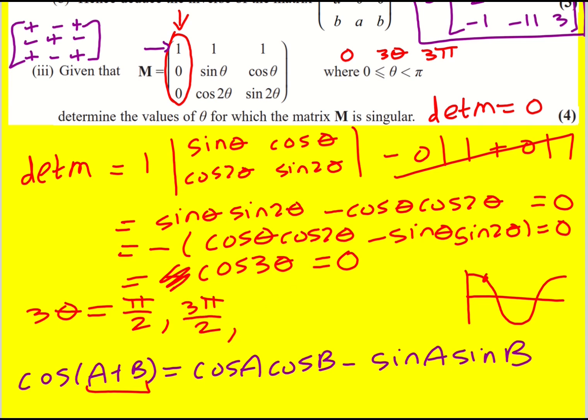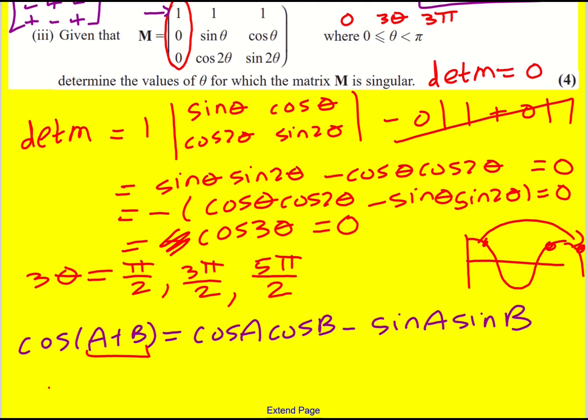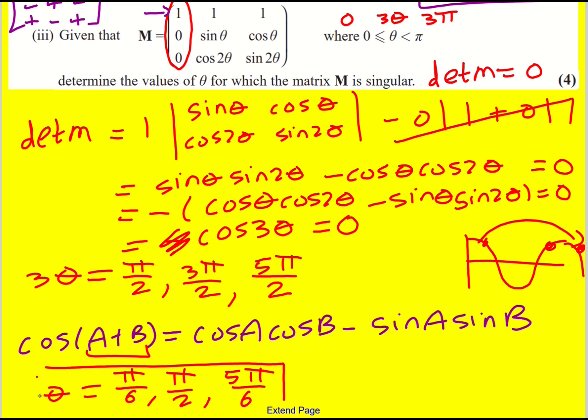And our third answer is going to be if we just add 2 pi on, and that is 4 pi over 2 that we're adding on, so we're going to get 5 pi over 2. Which means that theta is going to be pi over 6, pi over 2, or 5 pi over 6. Those are our 3 values that will lead to a singular matrix. Well done.